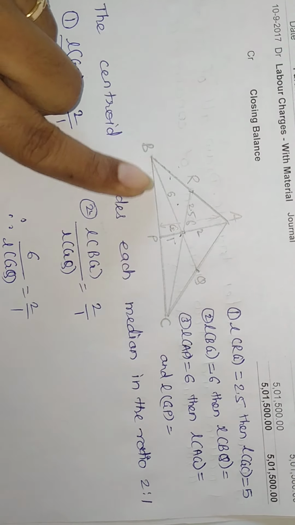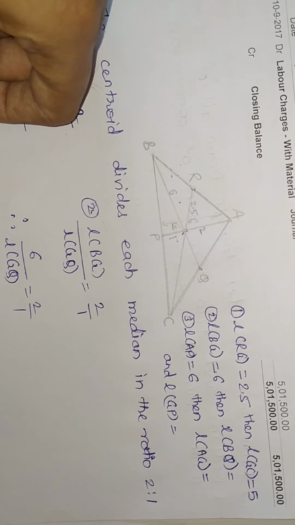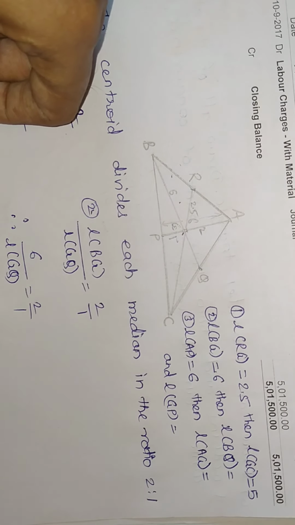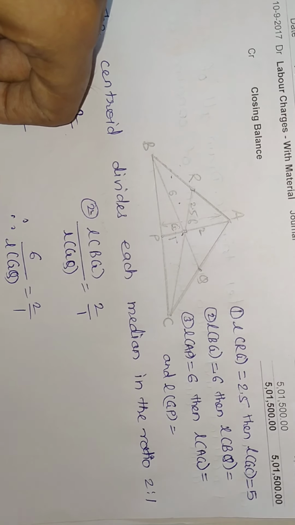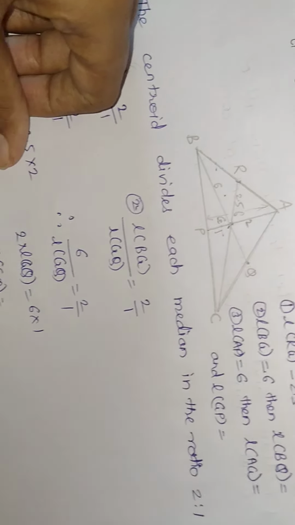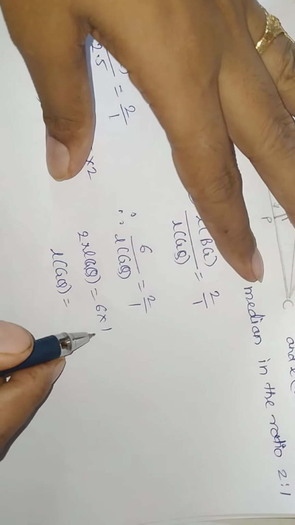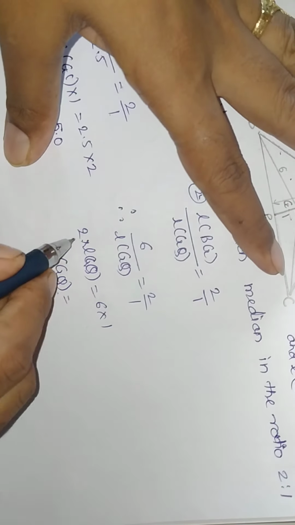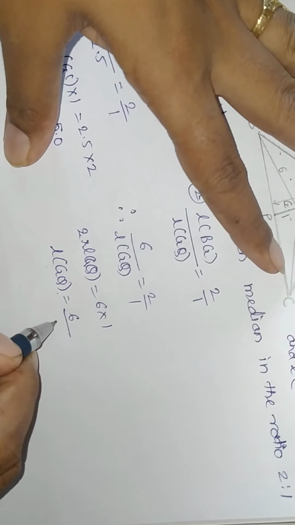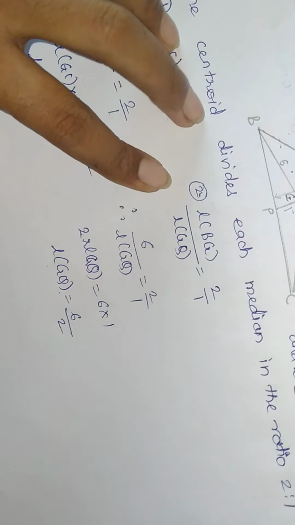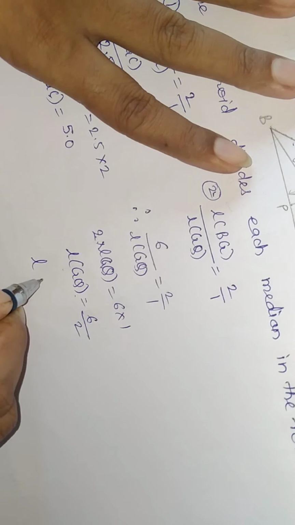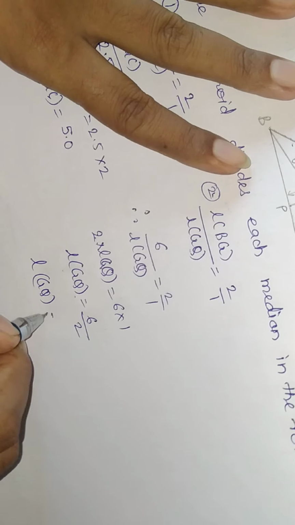Full BQ. For that GQ you will find out first. 2 into length of GQ is equal to 6 into 1. Length of GQ is equal to 6 by 2, 2 will go as division. Now length of GQ we got 3.